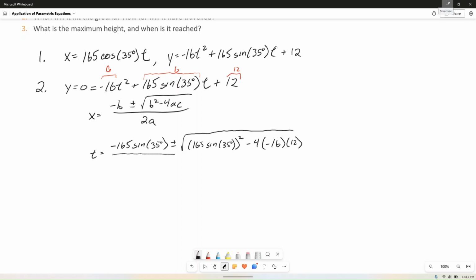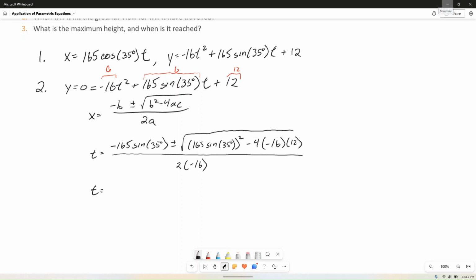And all of that is divided by 2 times a negative 16. Okay, so that's what the quadratic formula looks like if we write it all out and type it into a calculator. And you're going to have to do this twice, right? Because you have the plus the square root and the minus square root.